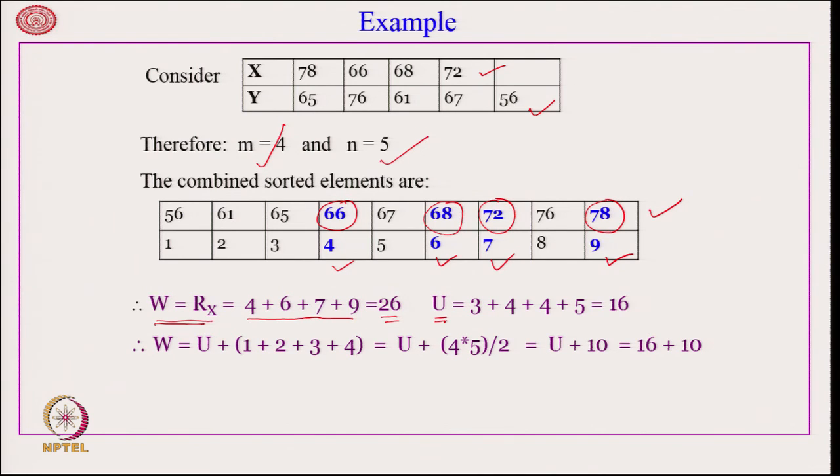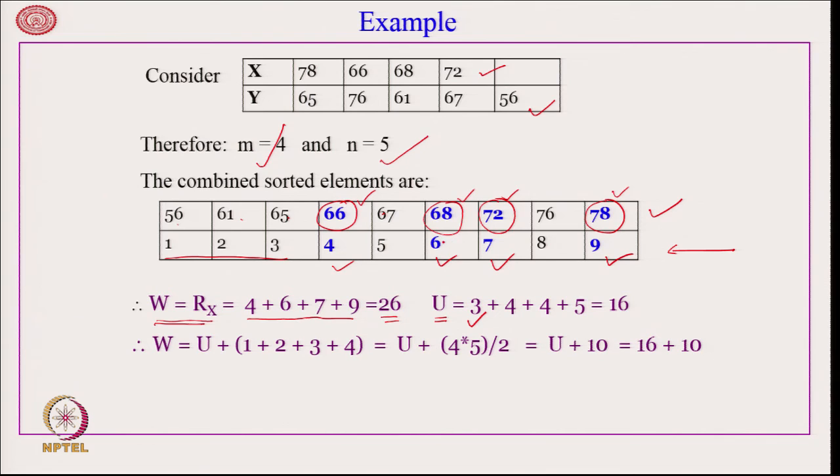What is the U statistic? We are checking how many y's are less than each x. Therefore, we are comparing all 5 of the y's with 66, 68, 72 and 78. That is, effectively we are comparing 20 pairs of observations, but from this sorted array we can easily count that there are 3 y's which are less than 66, thus I get a 3.